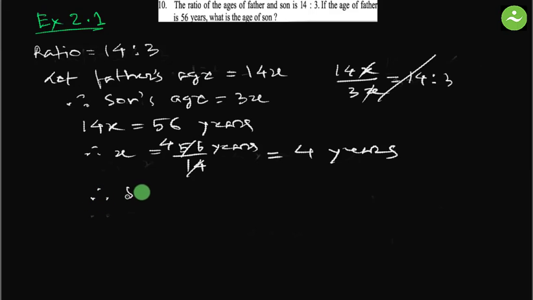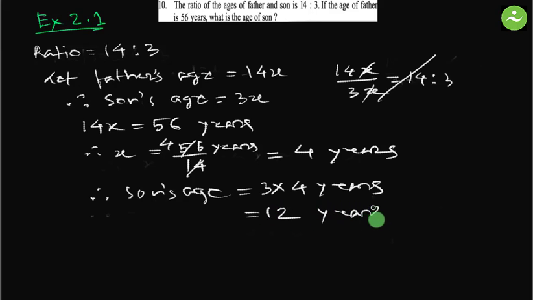Therefore, son's age equals 3x, 3 multiply 4 years equals 12 years. That is the answer.